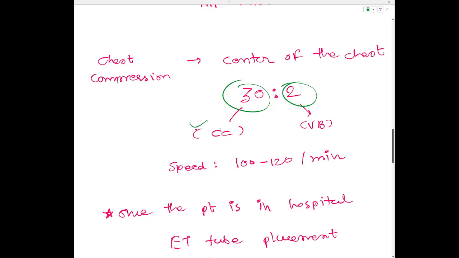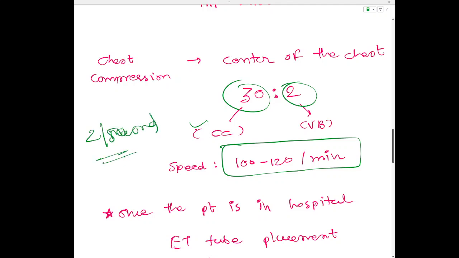The speed should be 100 to 120 per minute, so approximately 2 chest compressions per second. You can sort out the rhythm in your mind and start doing CPR, approximately 2 effective chest compressions per second.